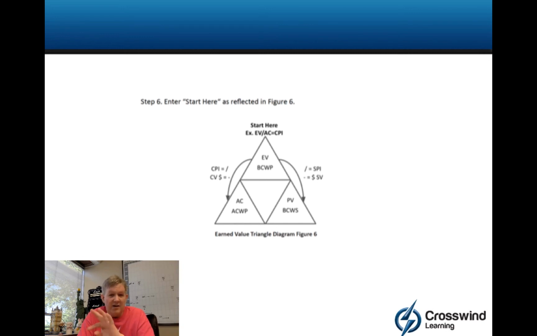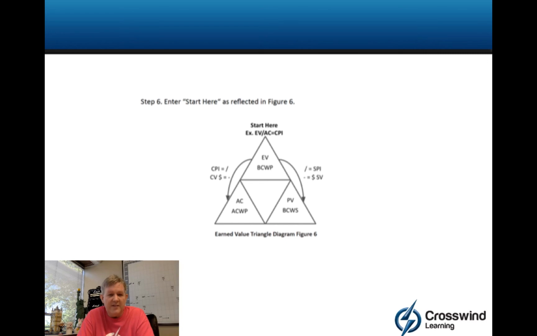So instead of trying to manipulate things around real quick there, what I'm probably going to do is take the EV dollar amount they give me and divide it by answer A, then B, then C, then D, until I get the cost performance index that they give me, for example. So that's a shortcut on how you can use this diagram to help answer those questions.